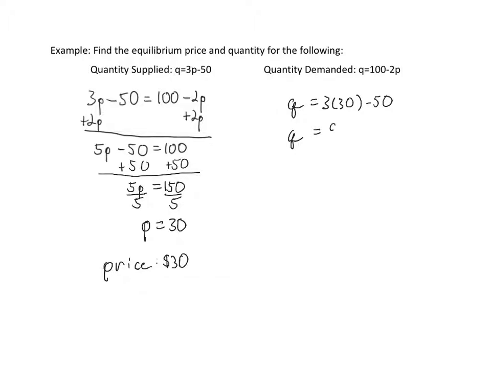Q equals 90 minus 50. So Q equals 40. In other words, at a price of $30, the public is going to demand 40 items, and the producer is going to make 40 items. So that would be our quantity.